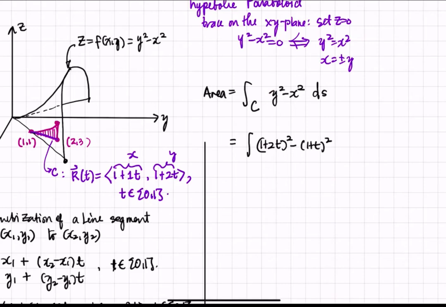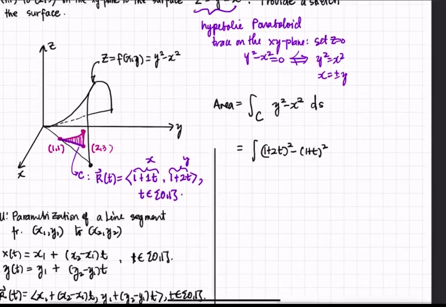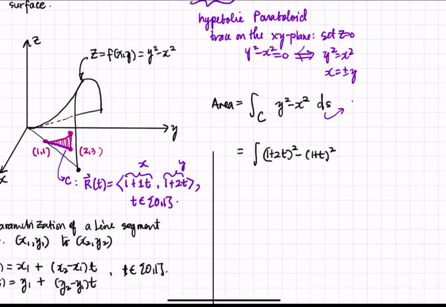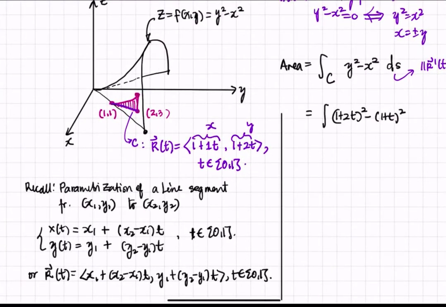And then our ds, how do you compute ds? ds is the magnitude of r prime dt. What is our r prime? So we'll go back to this. I need space, let me erase this.